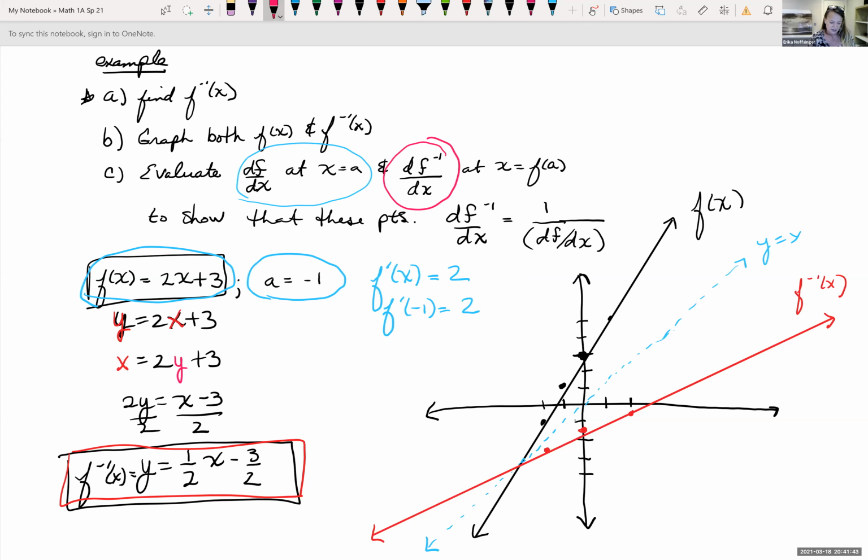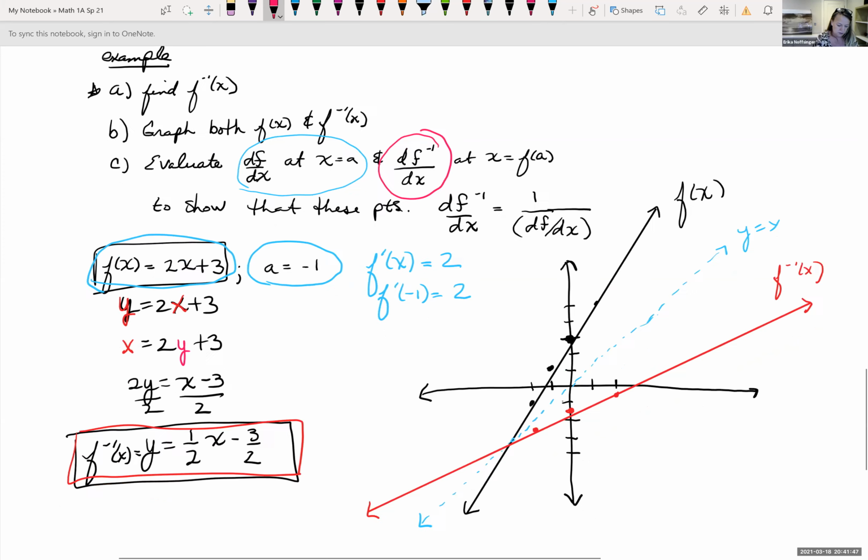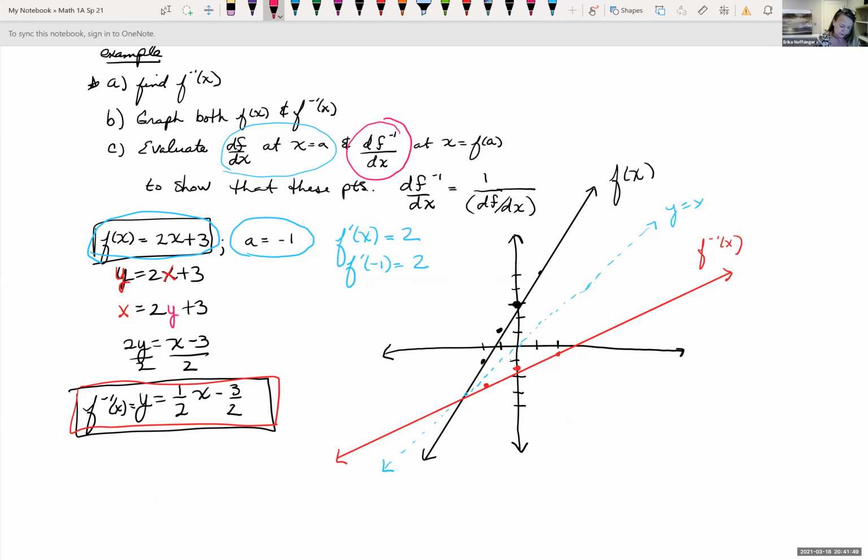So if I go down here and I take the derivative of my inverse function, df inverse of dx, well, derivative of 1/2 x is just 1/2. Derivative of a constant is 0.